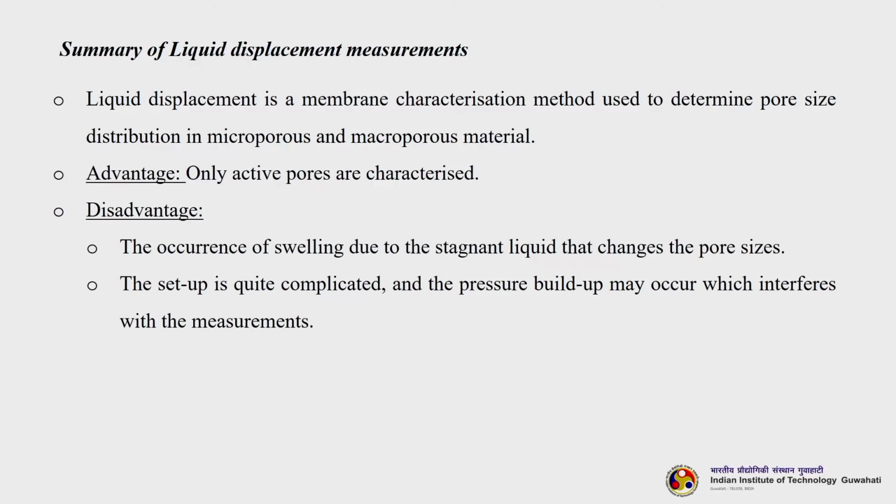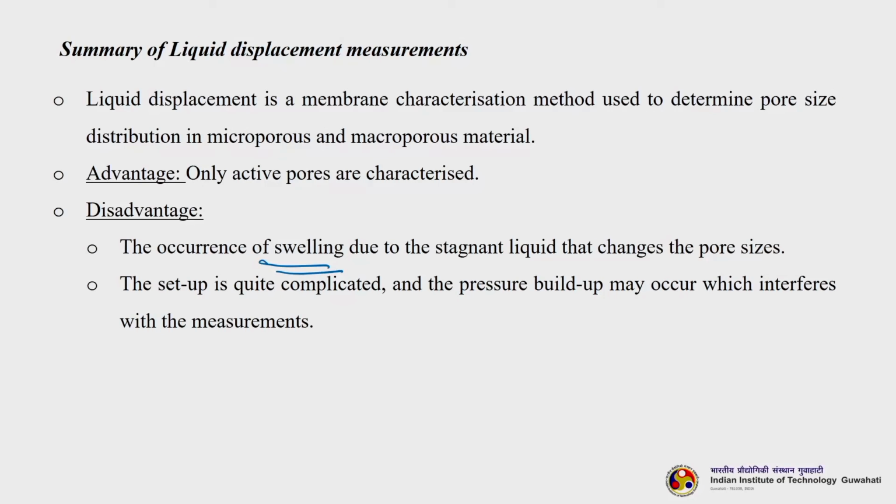So, in summary we can say that liquid displacement is a membrane characterization method used to determine pore size distribution in both microporous and macroporous materials. The advantage is that only active pores are characterized. However, the disadvantage is the occurrence of swelling, due to the stagnant liquid, that changes the pore size.